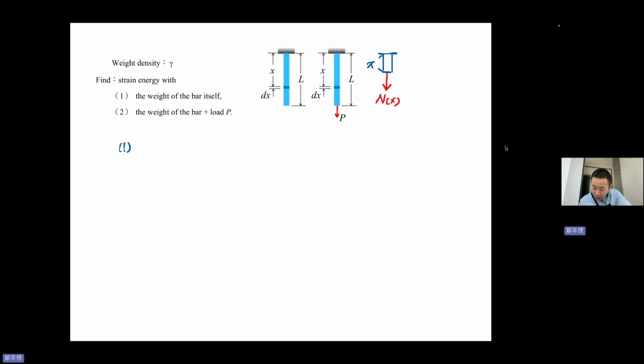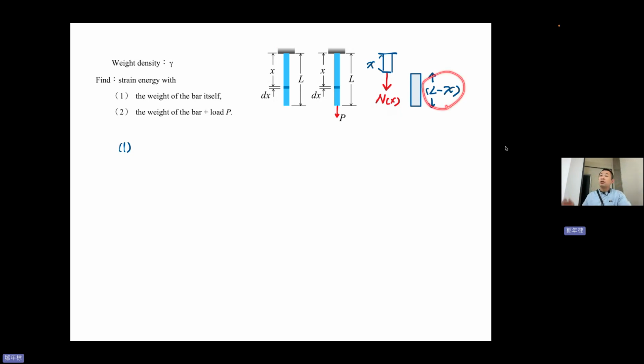Okay, and let's take a look. What is the value of the N of x? Easy, because this is actually L minus x. Right? So L minus x will be the self-weight, right?